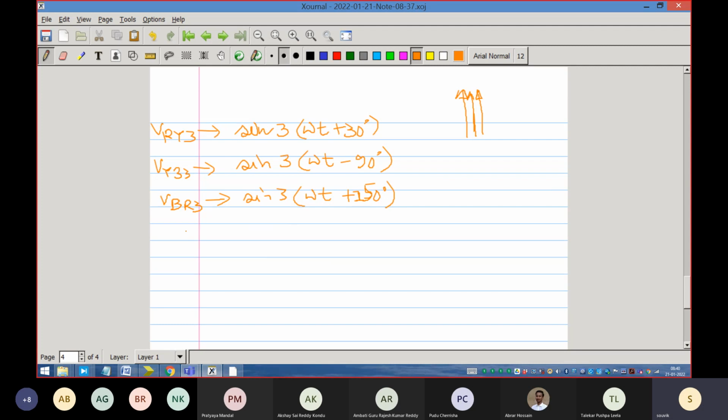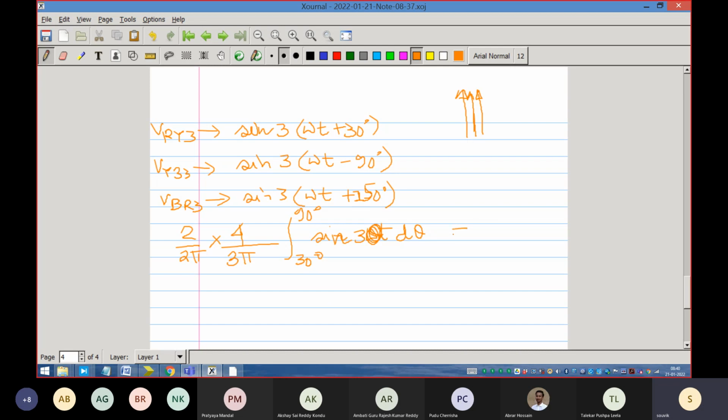The Fourier coefficient would be 2 by 2 pi into 4 by, since it is a third harmonic, 3 pi, and the integration you will do between 30 degree to 90 degree of sine 3 omega t d omega t, that is sine 3 theta d theta, which will be equal to 0, right?